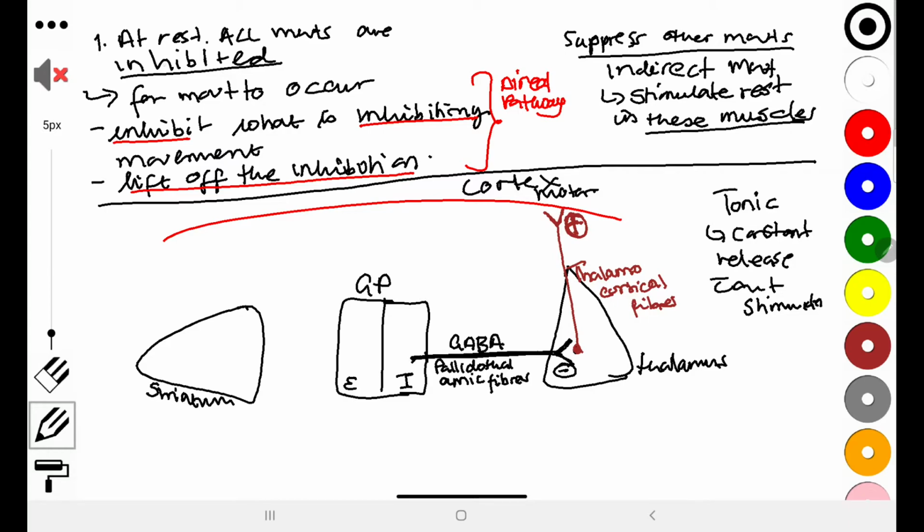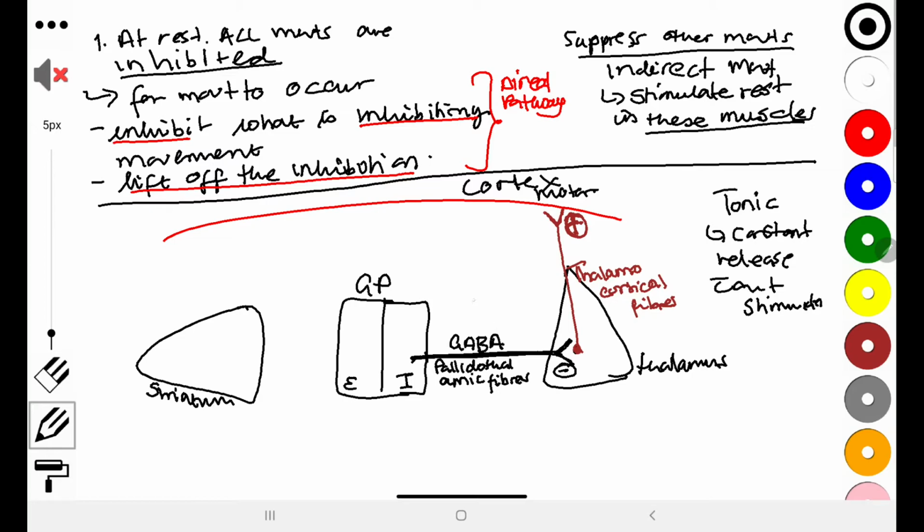So we have one inhibitor here, which is the pallidothalamic fiber. According to our statement of what movement is, in order to make sure that movement occurs, because what is happening at rest is that we have a tonic fiber known as the pallidothalamic fiber inhibiting any movement, in order for movement to occur by this direct pathway, we need to inhibit this inhibitor.